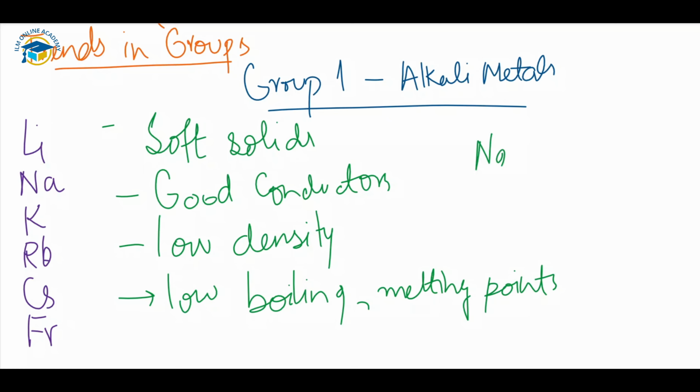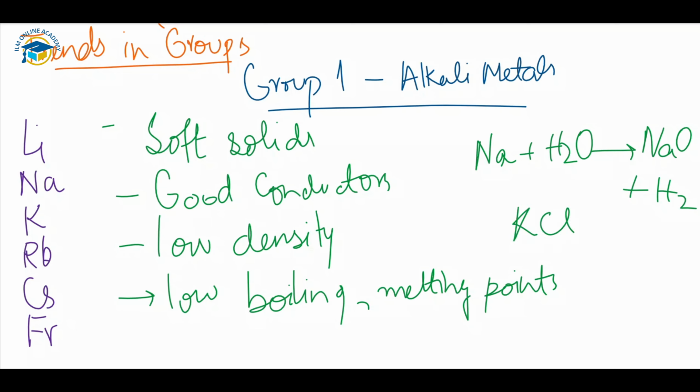Like sodium: when sodium reacts with water, the reaction is very explosive or vigorous, and oxides are formed plus hydrogen gas is released. And when it reacts with a halogen, it forms metal halides. Like KCl, potassium chloride, that is the metal with the halogen, so we call it a metal halide.